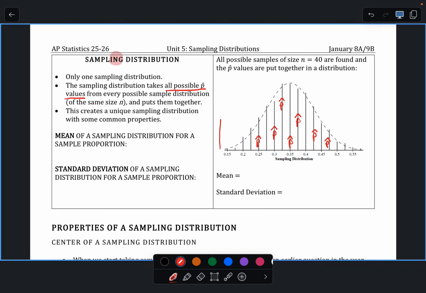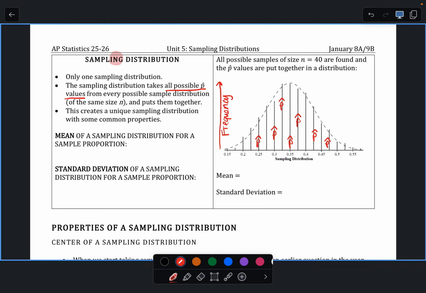So the height that you're seeing is the frequency that each proportion occurs with. All of the p-hats, all 20 that you made, would become a little dot on a histogram. And so what happens is it creates an individual sampling distribution for that specific sample size.